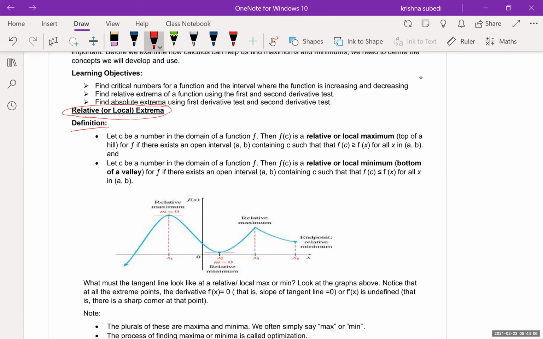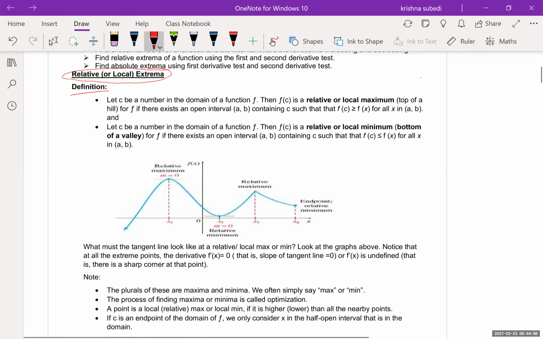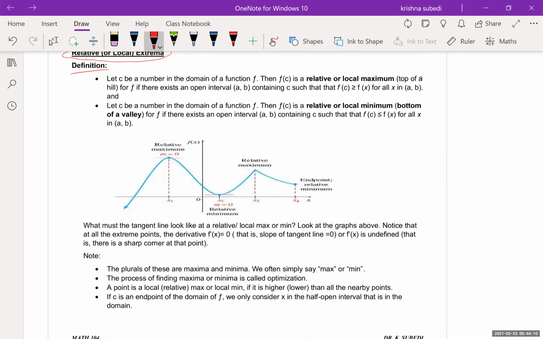What this local extrema means is that, look at this graph. As you can see here in this graph, this is your maximum point. This is your minimum point. This is your another maximum point. And this one is the end point. Okay.